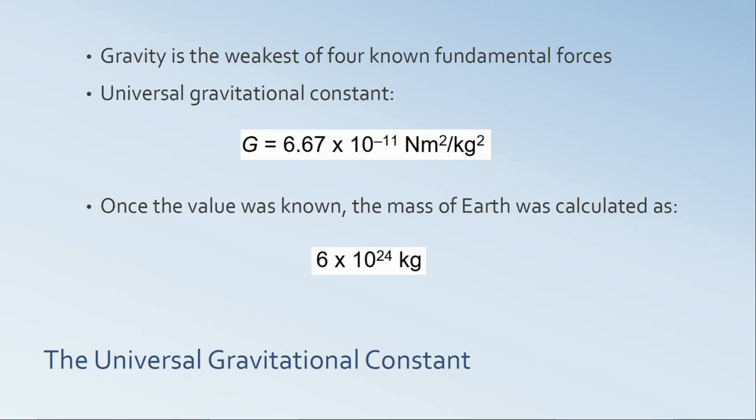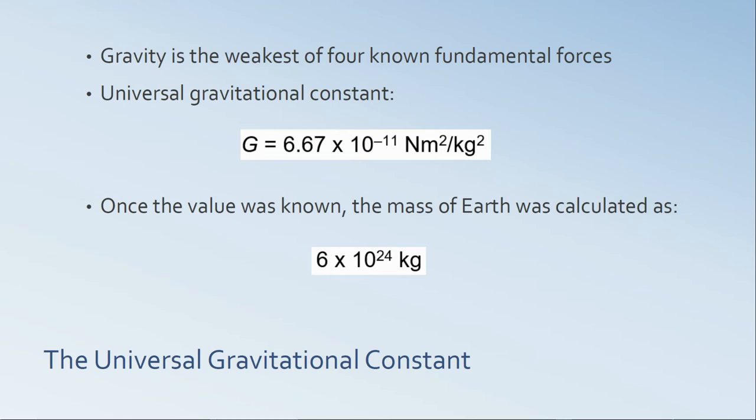There's actually a universal gravitational constant that's expressed as G, a capital G. And if we wanted to calculate it, it's 6.67 times 10 to the negative 11th power Newton meters squared per kilogram squared. But we're not going to do any calculations with that particular formula.